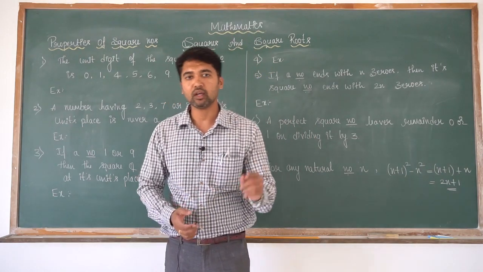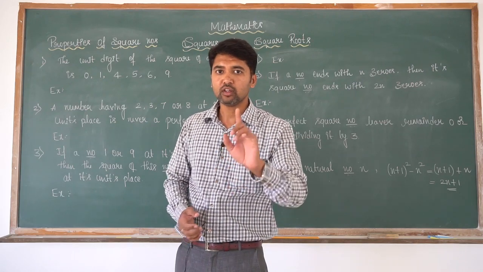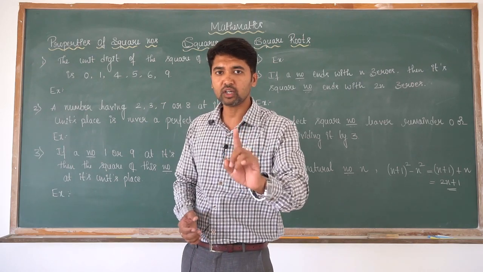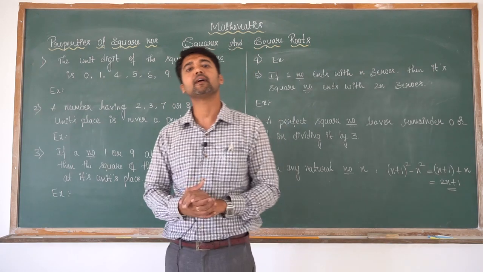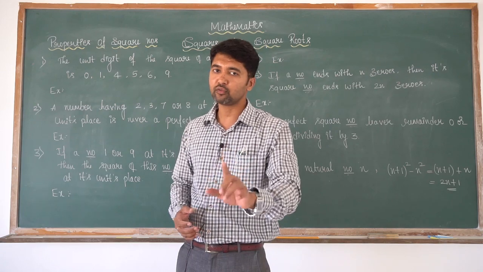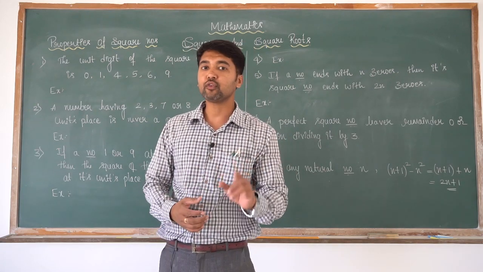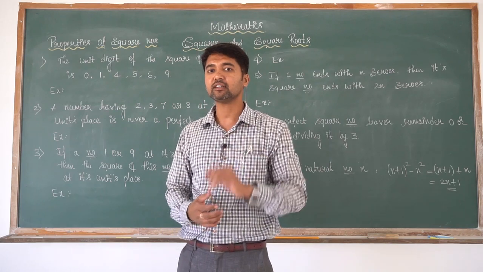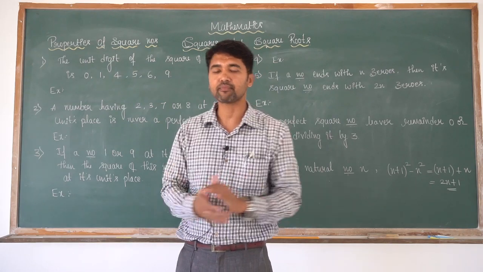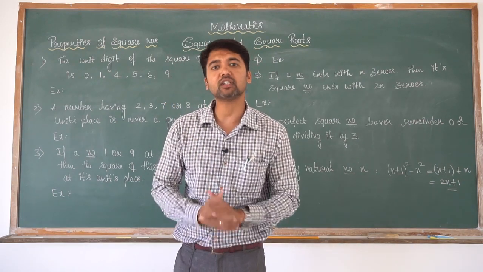Let me take 1. 1 one is 1, that means 1 square is equal to 1, so the unit digit is 1. Then 2 twos are 4, so the square of 2 is 4. Square of 3 is 9. Square of 4 is 16, so 6 came in the unit digit. Square of 5 is 25, so 5 is in the unit digit.